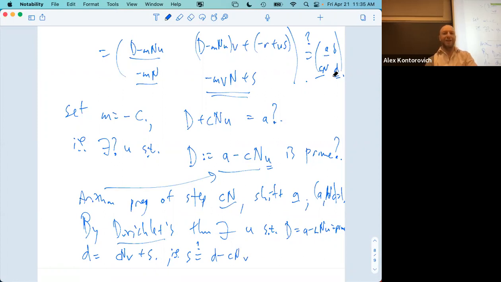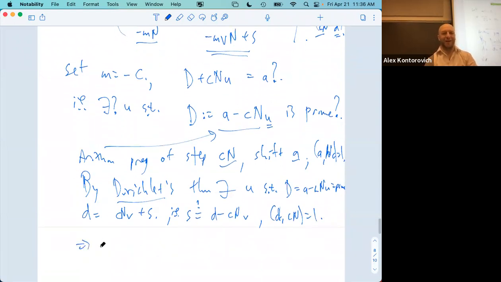And of course, D and Cn are also co-prime, which implies, and I need S to be congruent to D bar mod N.